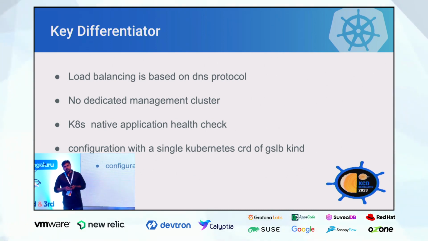It uses the Kubernetes health checks to propagate the endpoint availability to the DNS. It uses the DNS protocol to do the global load balancing, and it uses yet another CRD, a GSLB kind object, which is used to create these objects.